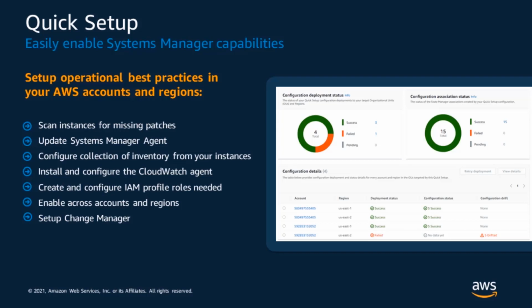And profile roles are a little bit like, think about service accounts. It's going to invoke something on behalf of the service, right? So you're using it that way. It's not going to be an IAM account or a person's regular account. It's going to enable accounts across regions and cross accounts and regions. And it's going to set up something called Change Manager. And we're going to talk a little bit about that later.